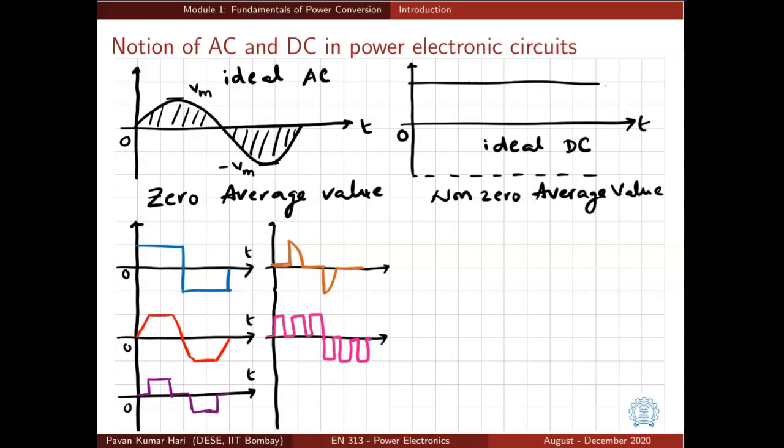These 5 waveforms are a few examples of AC waveforms that we come across in power electronic circuits. What is the common feature of all these waveforms? They have zero average value.